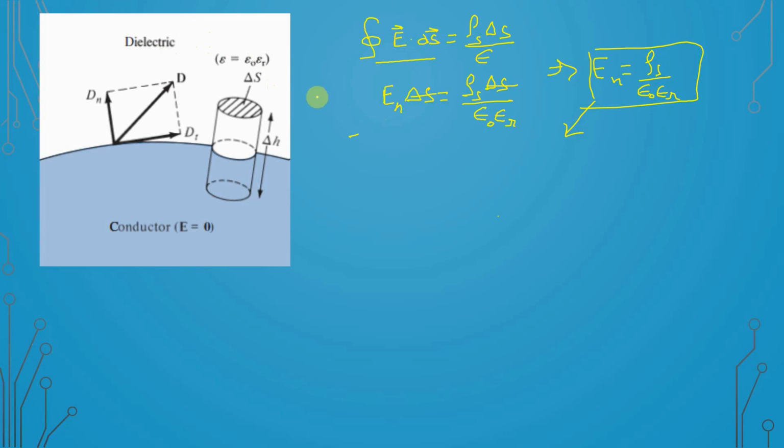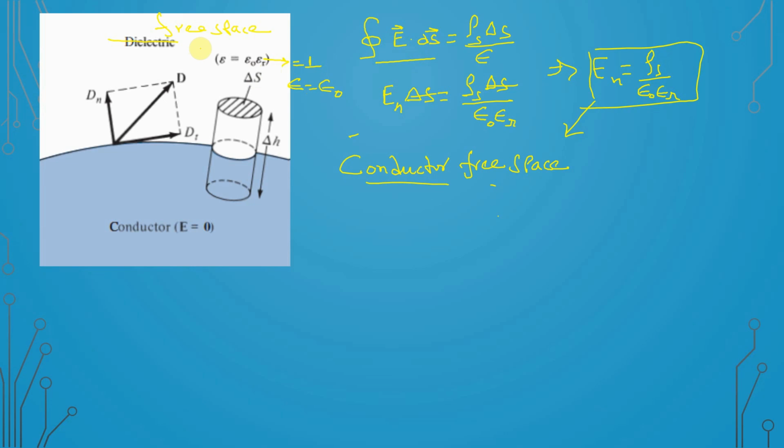Now let us assume that we have a conductor and free space interface. In place of the dielectric we have free space. How is it different from the dielectric? If you assume epsilon r is equal to 1, then epsilon is equal to epsilon naught, so the dielectric will be considered as free space.